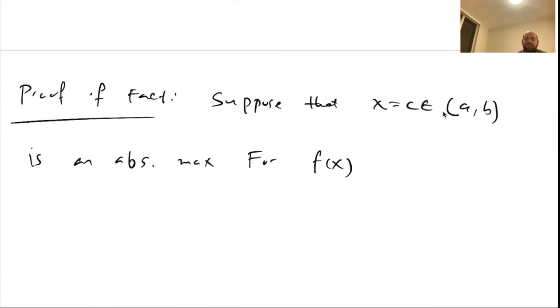Because I'm assuming the domain is closed interval a to b, and if c is not a, not b, it has to be inside the open interval a to b.